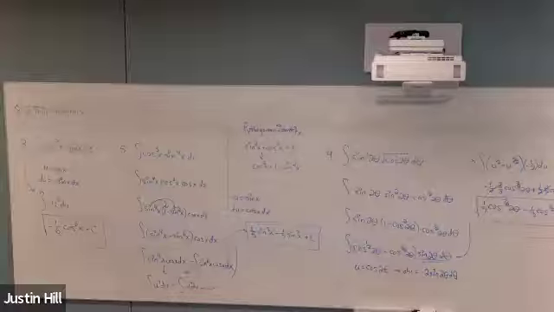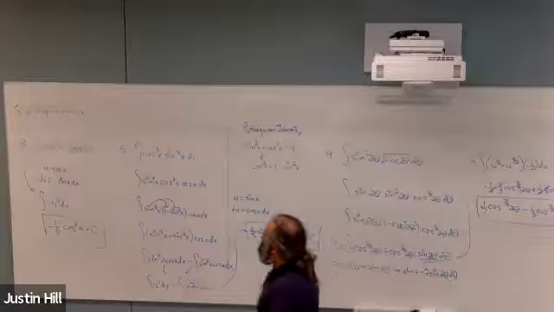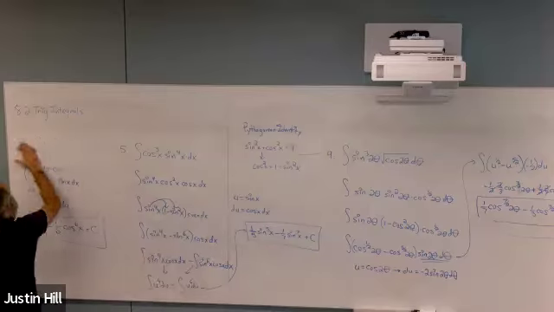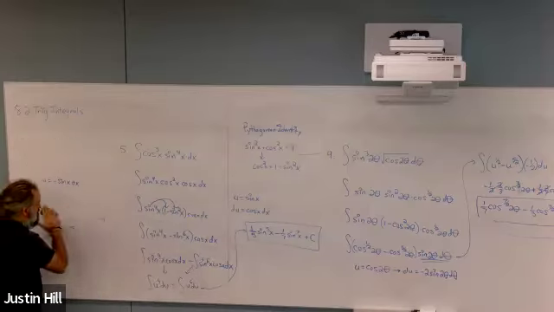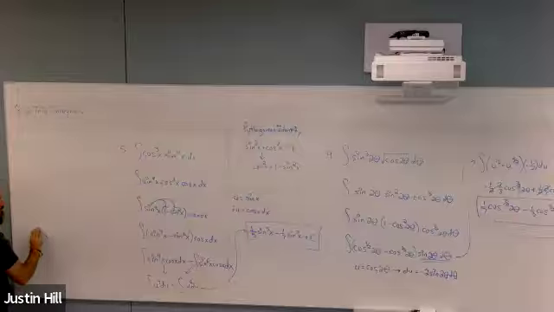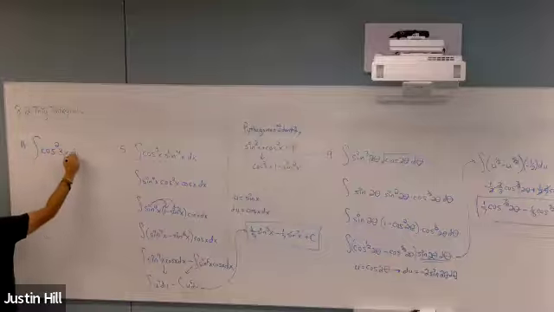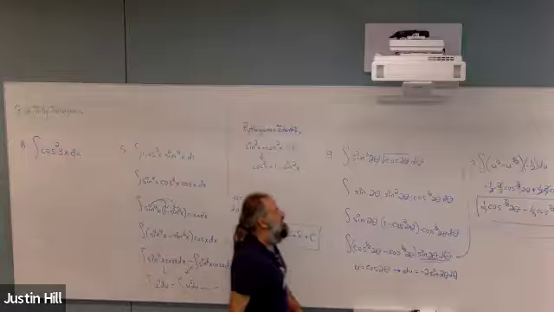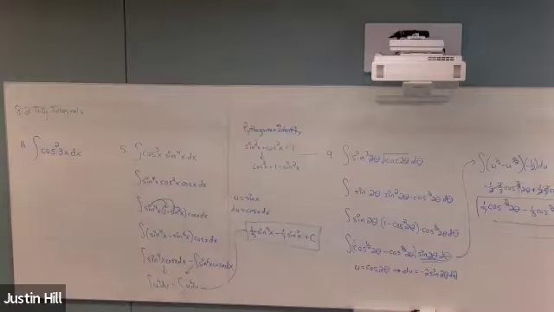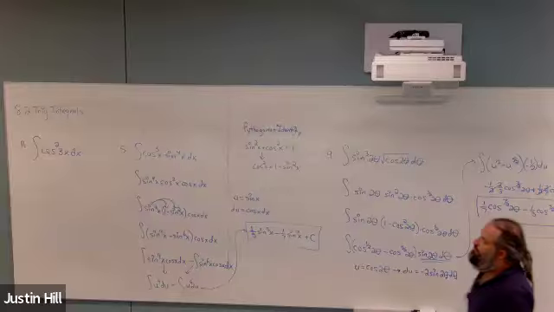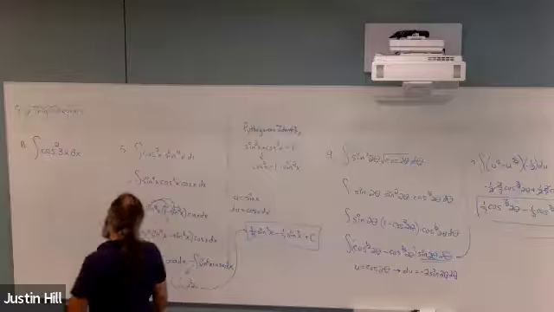Let's look at 11. Let's kind of get there. I'll go back. 11 wants the integral of cosine squared 3x dx. Let me make sure I got that right. So notice a couple differences.